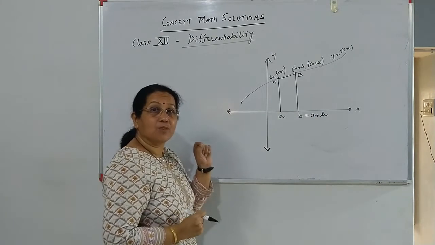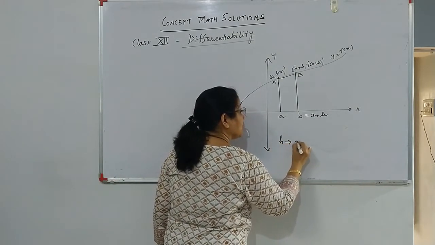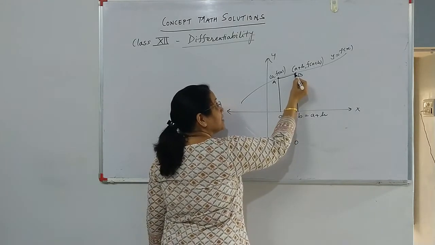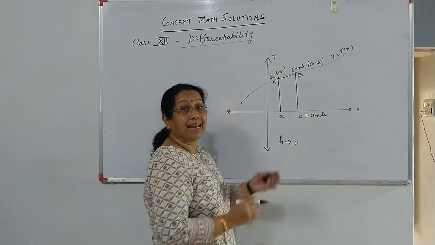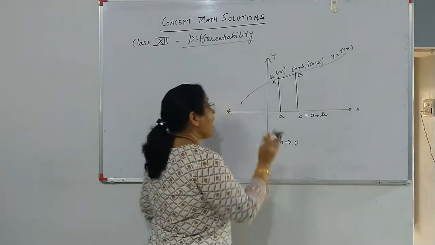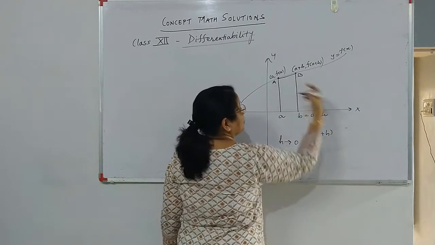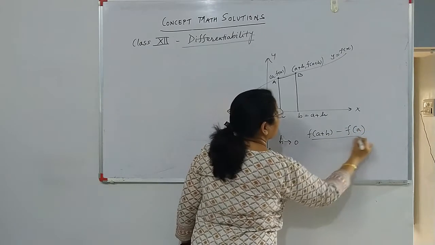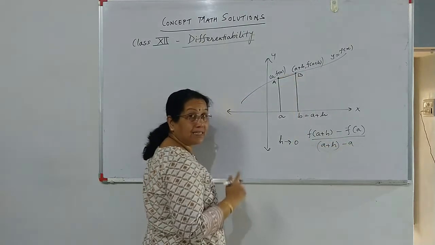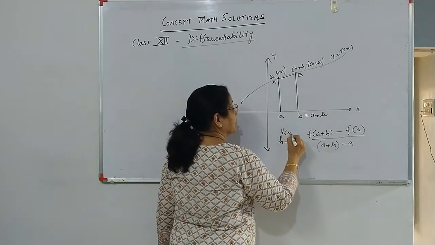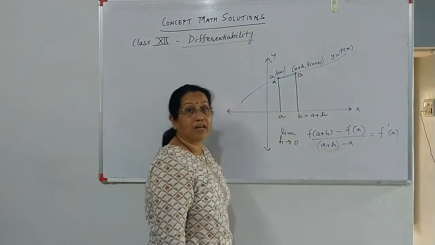That h is a very small change in A. If h tends to 0, that is, this point B starts moving towards A, then the secant line AB tends to become the tangent to the curve, and the slope of this tangent will be y2 minus y1 upon x2 minus x1, that is, f of A plus h minus f of A upon A plus h minus A. This is the slope of a line, and when limit h tends to 0, we call that the derivative of a function at A, f dash of A.